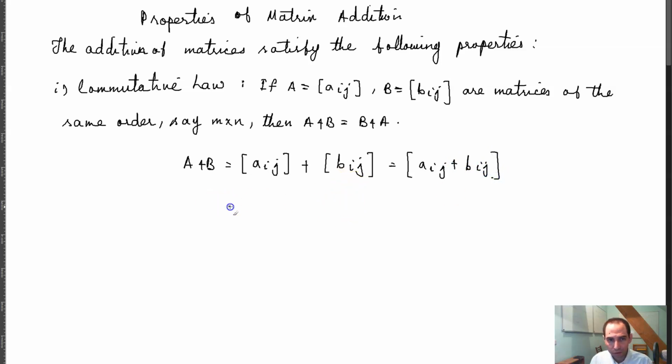This is equal to B of ij plus A of ij, because addition of numbers is commutative.